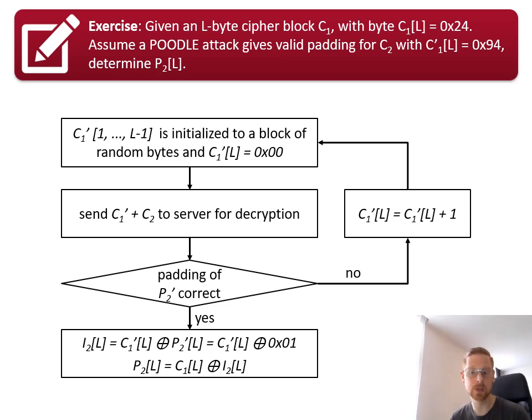Now the POODLE attack is being performed, and the attacker discovers that the padding is correct when setting the last byte of C1- to the hexadecimal value 94. My question to you is, what is the actual value of the last byte of P2, the plaintext block associated with the ciphertext block C2?